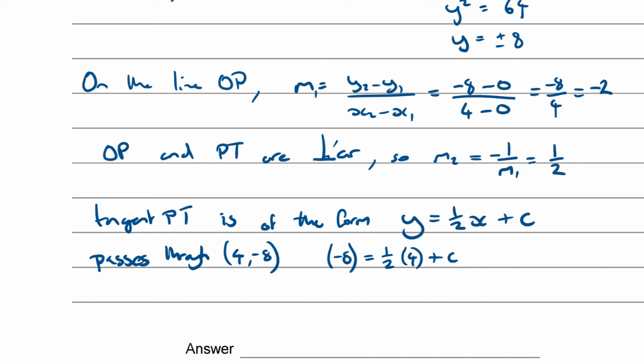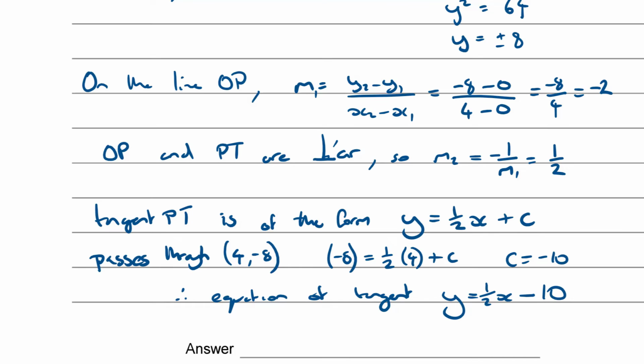Okay, well a half of 4 is 2, and subtracting 2 from both sides will tell me that c is equal to negative 10. Okay, so then my equation of my tangent is going to be y is a half x subtract 10, because I just found c was negative 10.